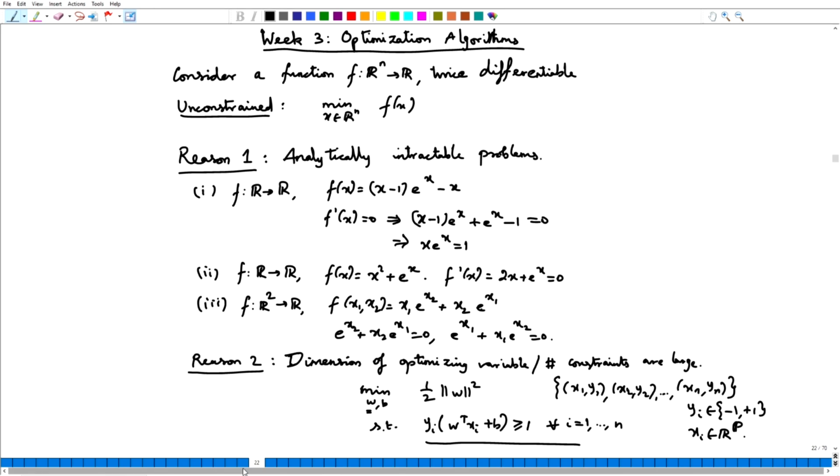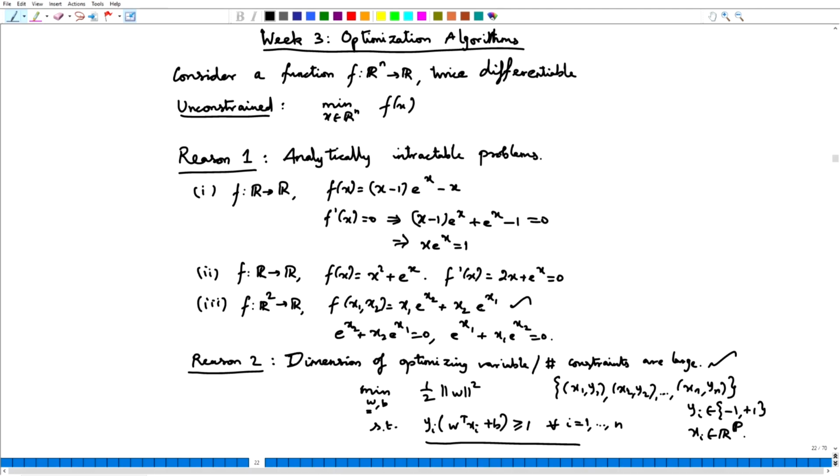I have mentioned these 2 reasons, analytically intractable problems. I have in fact given the same example, but unconstrained. And there is a second reason as well. Here again I have given a constrained optimization problem.